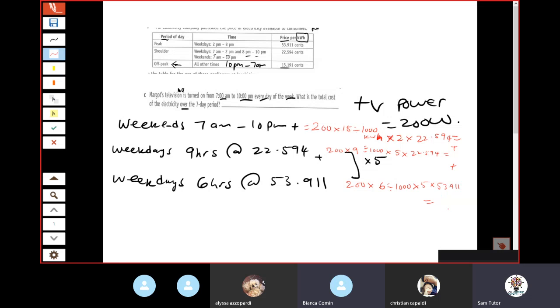Don't forget that's all in cents, right? So then you divide by 100. So watching it every day at that rate, it's going to cost her about $6.62 per week, which isn't too bad, given that she's watching so much.